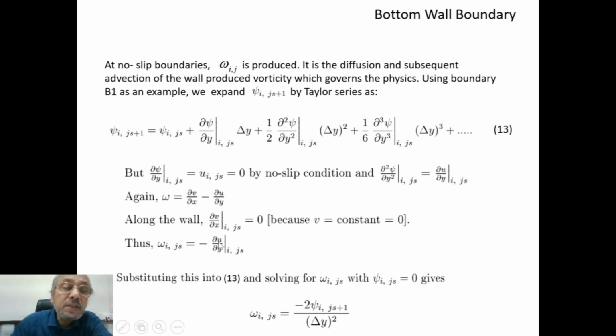And del u del y is prevalent there because within the boundary layer, from the first point, this is the velocity gradient.